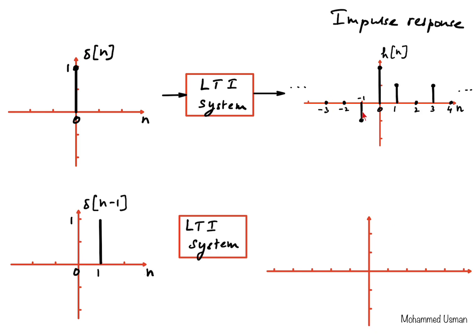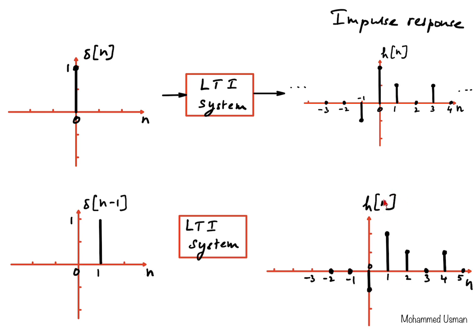Basically all of these samples will get shifted to the right by 1 time unit, which is 1 unit of n. So what we will get as output is h of n minus 1, that is h of n shifted to the right by 1. What we see here on the right is the output of the system to a shifted impulse. When this impulse is shifted to the right by 1, the impulse response is also shifted to the right by 1.